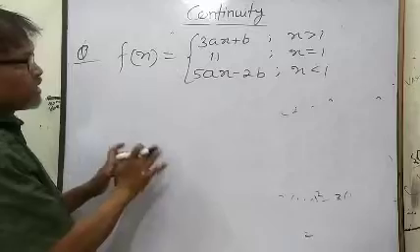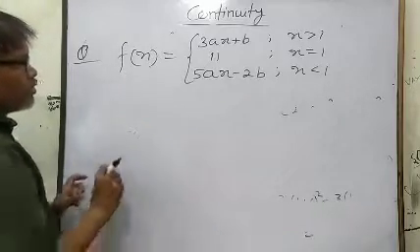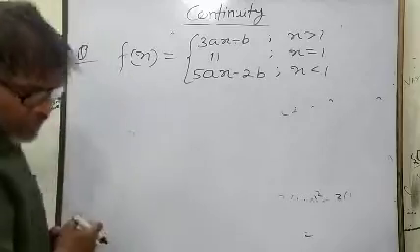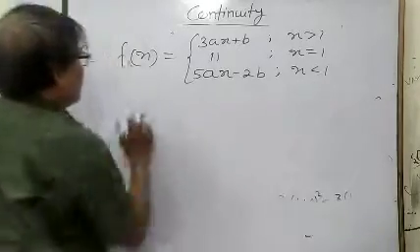It is continuous at x is equal to 1. It is given. You have to find the values of a and b. How to find the values of a and b?